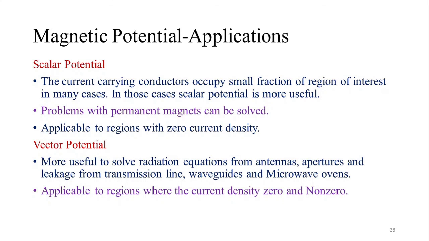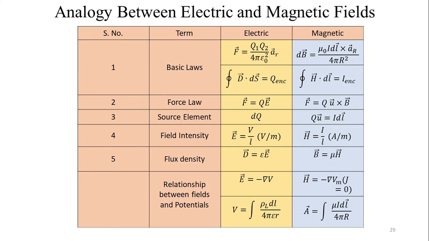For vector potential, there is no such restriction, and this one is more useful to solve radiation equations. Radiation mostly occurs from antennas, apertures, leakages from transmission lines, waveguides, and microwave ovens. So to solve radiation equations, we mostly rely on vector potentials.